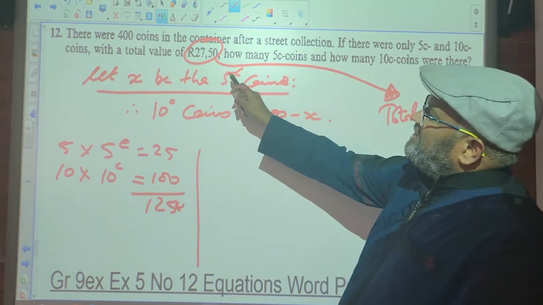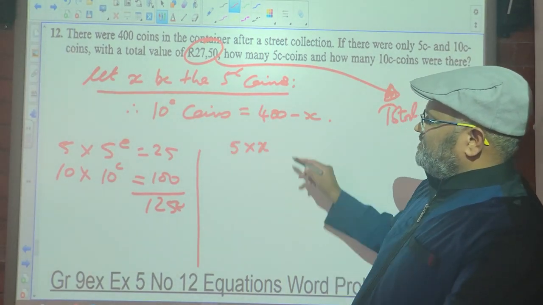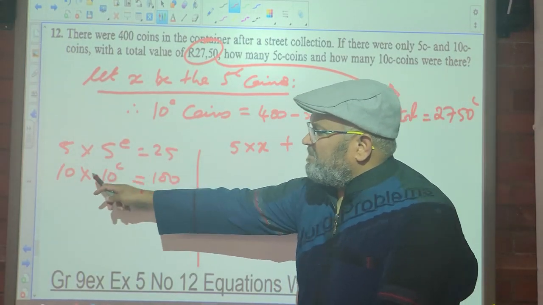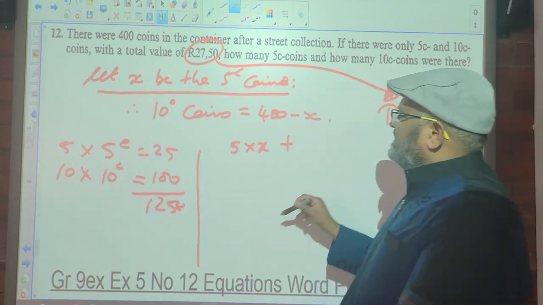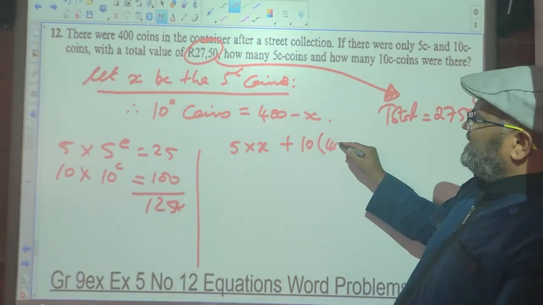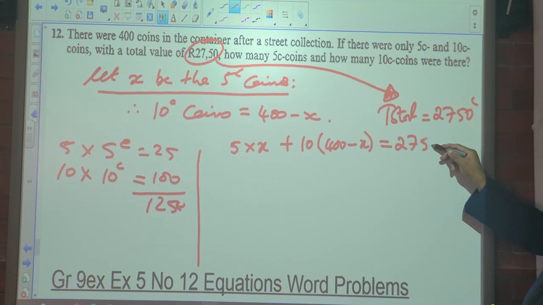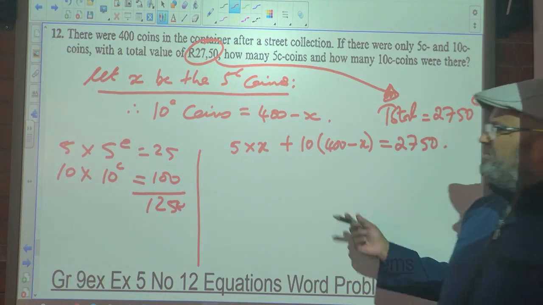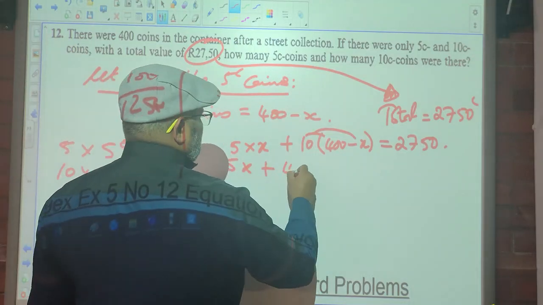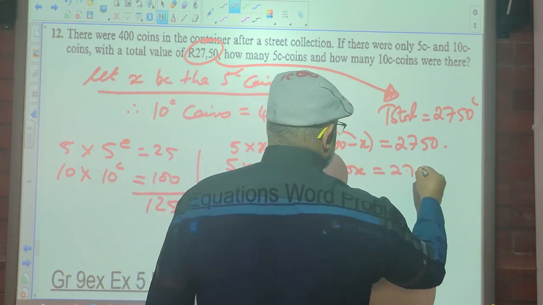So if we have X 5 cent coins, it's 5 times X plus whatever number of 10 cent coins you have multiplied by 10. So it's 10 multiplied by 40 minus X, and this is equal to 2,750. Now it's a matter of solving for X. So 5x plus 400 minus 10x is equal to 2,750.